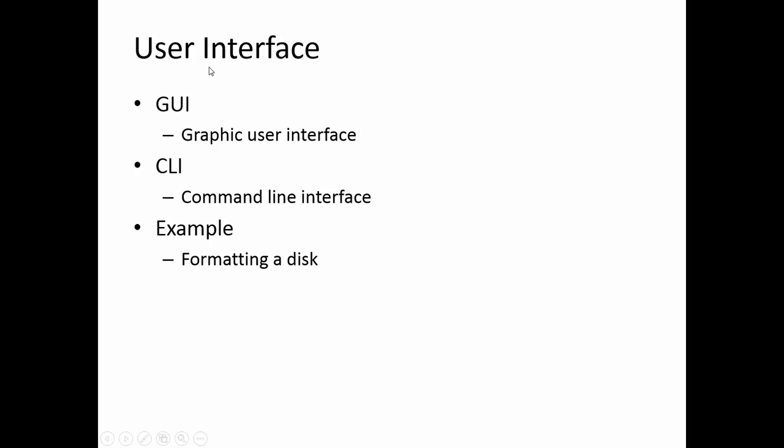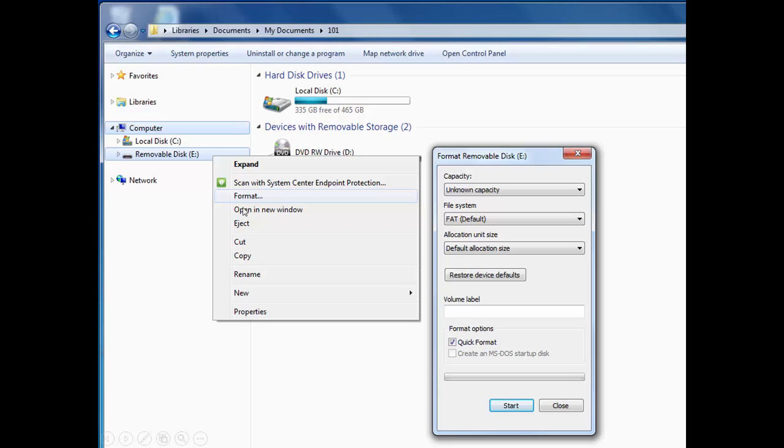There are two types of user interfaces: the graphical user interface, the GUI, which is the point and click interface, and the command line interface, where you have to type the commands in. So let's look at an example of each one. If I wanted to format a disk using the graphical user interface, I would go to the disk that I wanted to format, right-click, click on Format, and then click on Start.